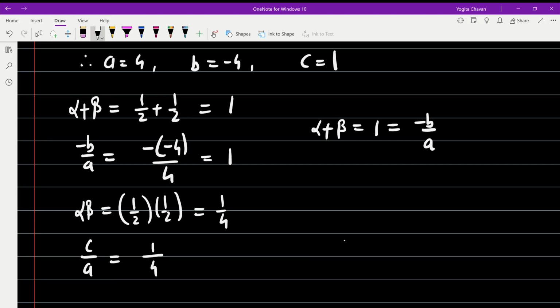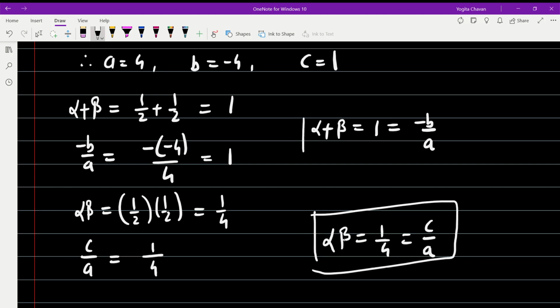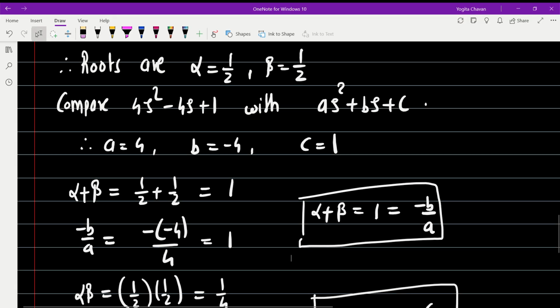So c by a is also 1 by 4. So product of the zeros or product of the roots is equal to alpha into beta and is equal to 1 by 4 and is equal to c by a. Okay. So relationship between zeros and coefficients of polynomial in case of problem number 2 is also done.